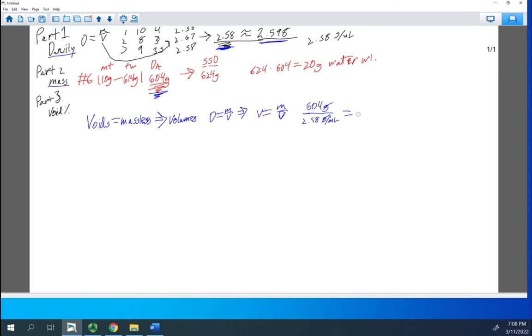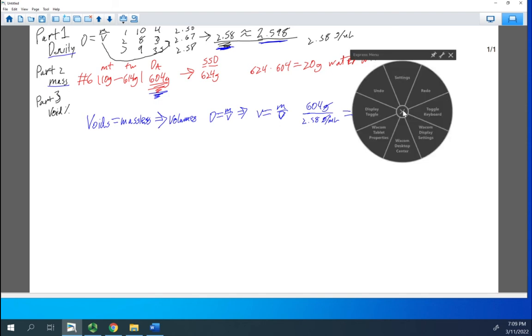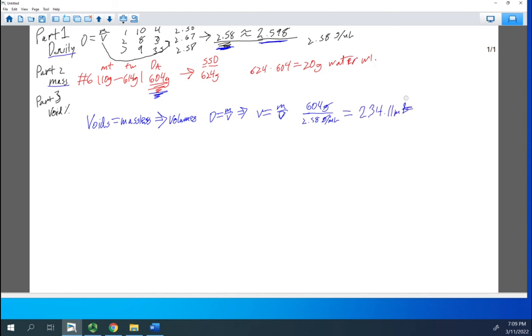The volume of that ended up being 234.11 milliliters. All right, so this is our first volume. That is the volume of our dry aggregate, which is, like I said, the aggregate in question. Not the wet one, the dry one. So, what do we do for the volume of our water?